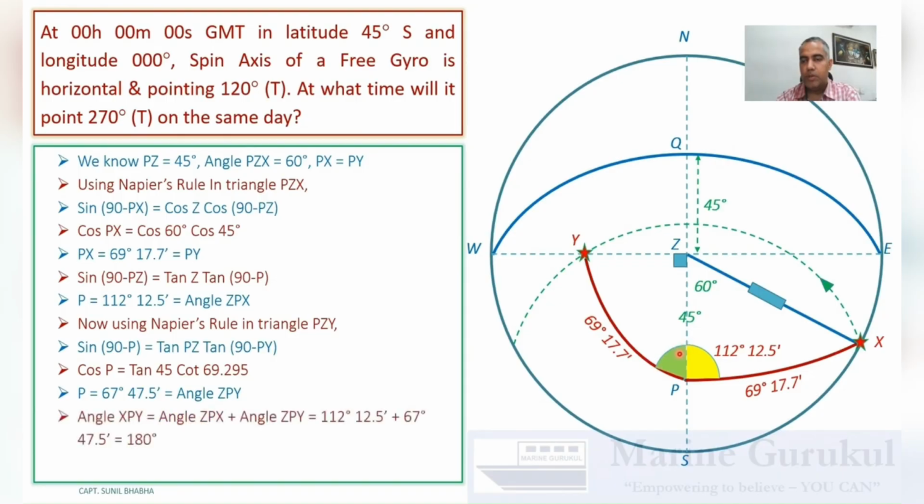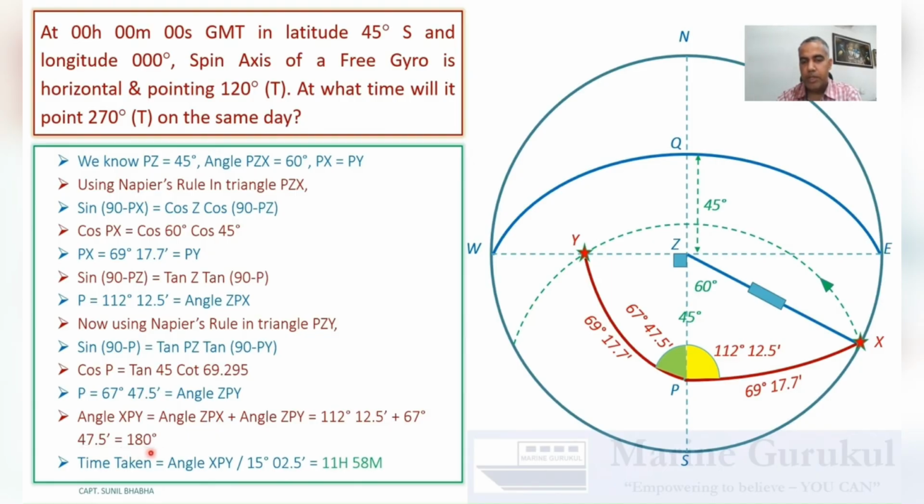The green angle which you see comes out to be 67 degrees 47.5 minutes. Again a simple application of Napier's rule. Now we add these two angles, the yellow and the green angle, 112 12.5 and 67 47.5. When we add these two angles, we get a total angle of 180 degrees.